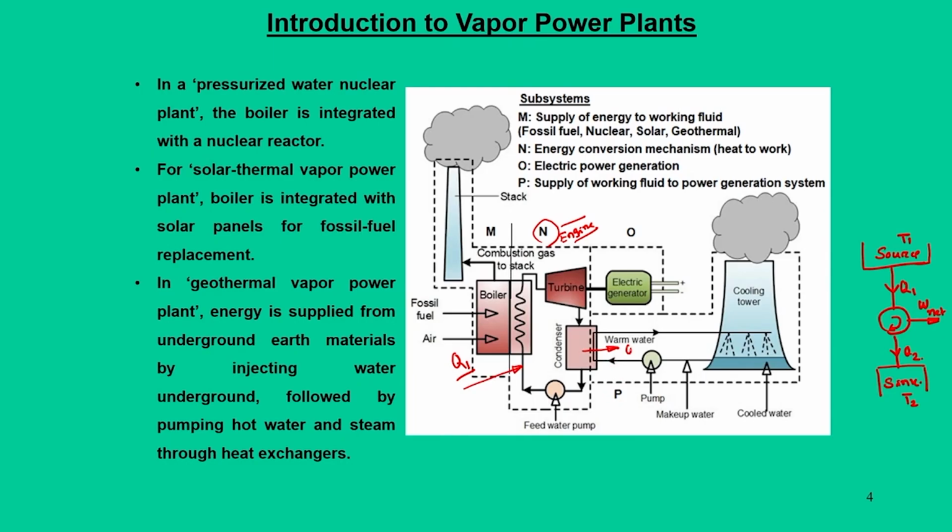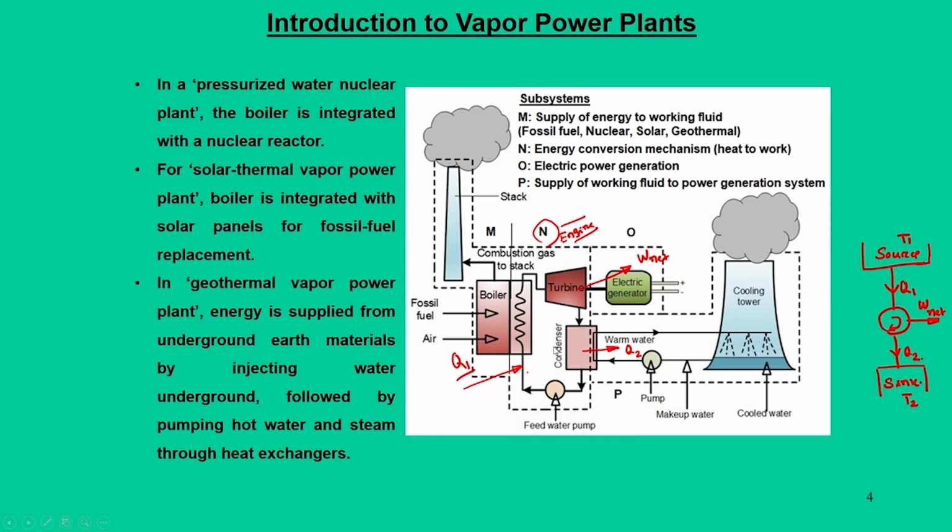So, this we can say is Q2, and this Q1 is heat supplied by the fossil fuel into this system N, and through this process this turbine delivers W net. So, this is a direct resemblance of how a vapor power cycle concept comes from the Carnot engine.